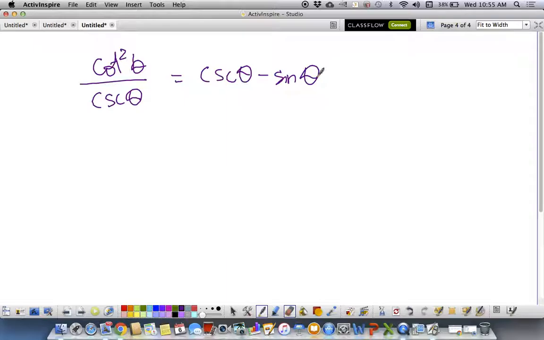This is cotangent squared theta divided by cosecant theta equals cosecant theta minus sine theta.